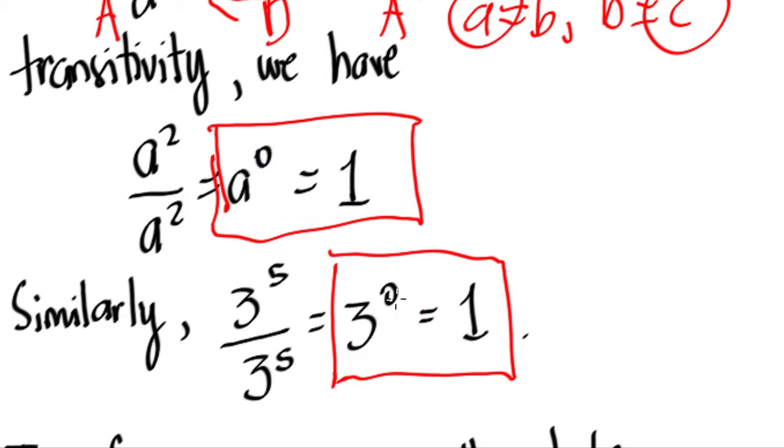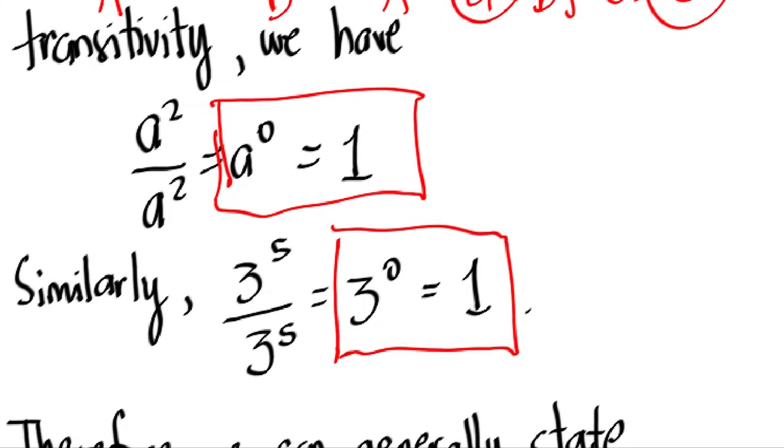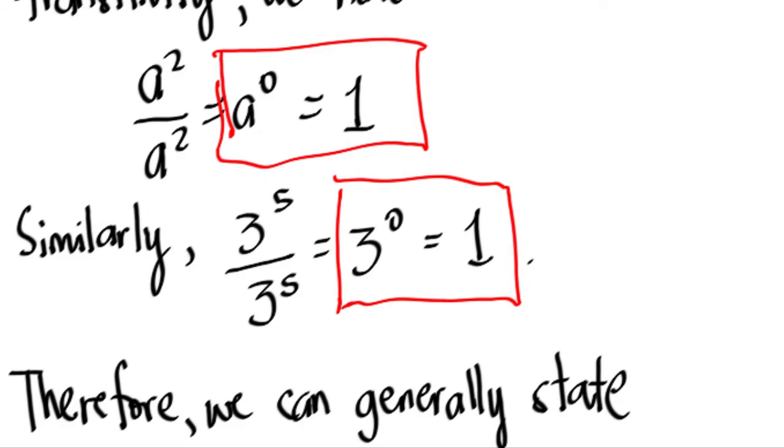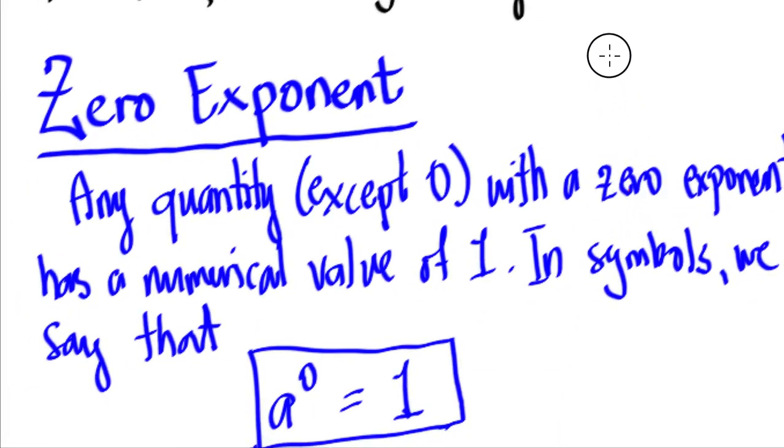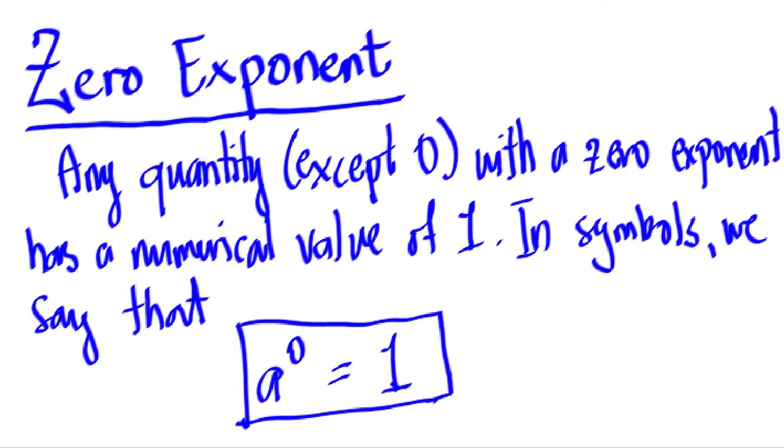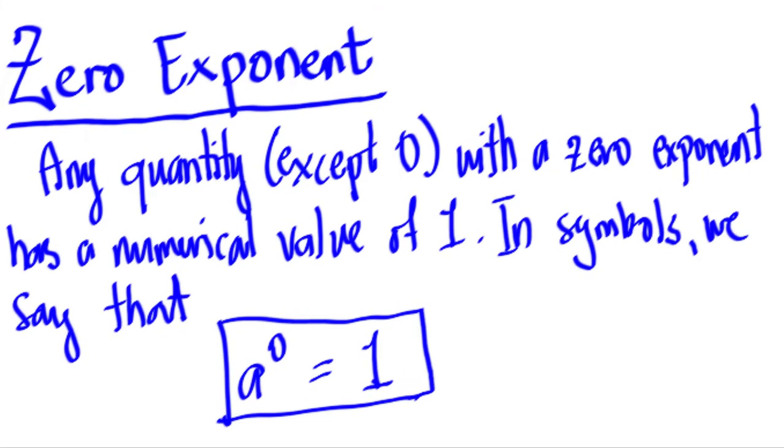So therefore, by these practical examples here, we can state a general form of this property. So we can say this property over here. We call this the zero exponent property. So what does it say?